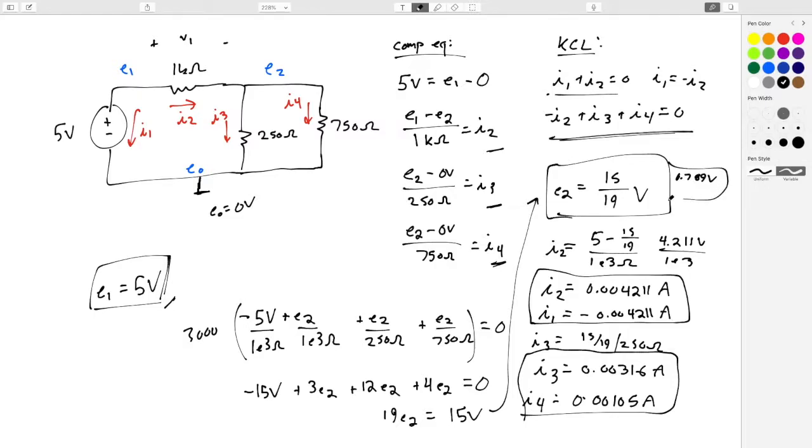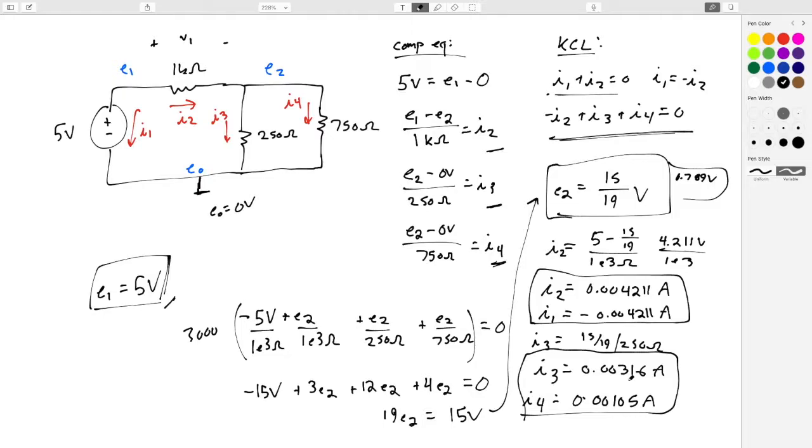Another important thing I usually do once I solve out a circuit is make sure KCL makes rough sense. I2 should equal I3 plus I4 based on how I drew it: I2 flows in, I3 and I4 flow out. I2 equals 0.004211, or 4.211 milliamps, and these two do sum up to about that, almost exactly. I rounded just about right. So that's good.